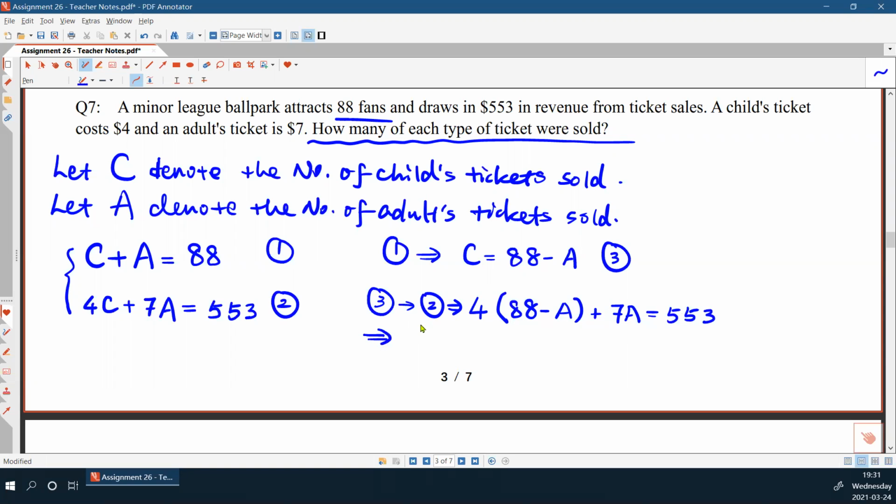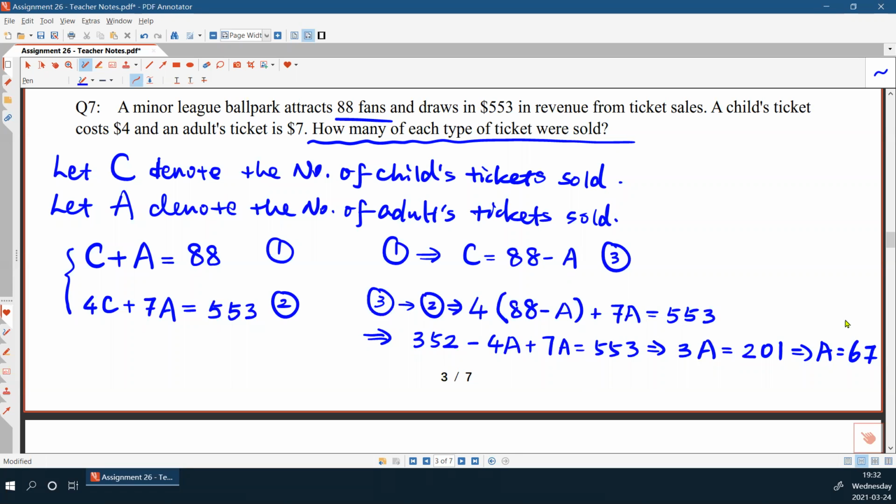Okay, and then this will give us 352 minus 4A plus 7A is 553, right? Okay, so we have 3A equals 553 minus 352. That is 201. Okay, so A is 67, right?